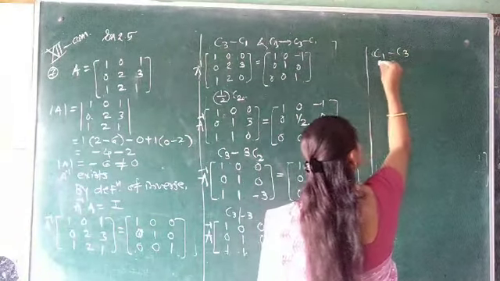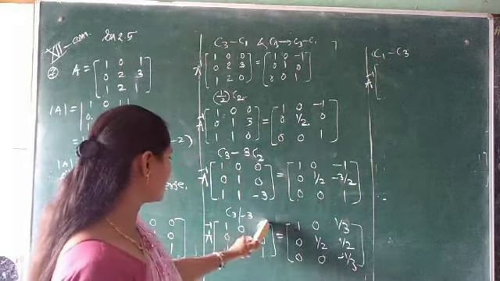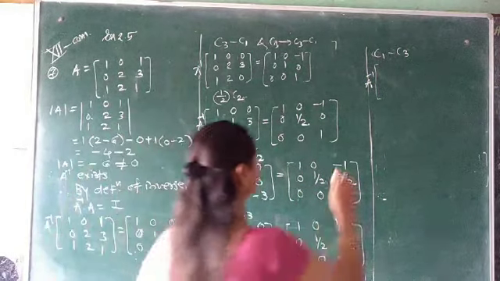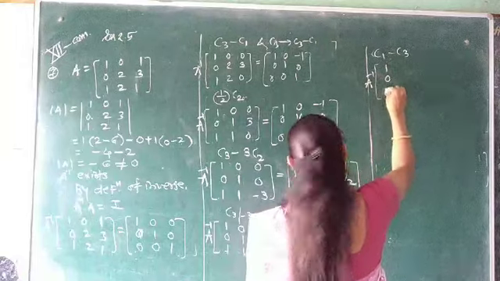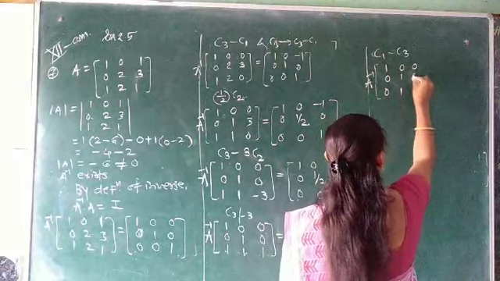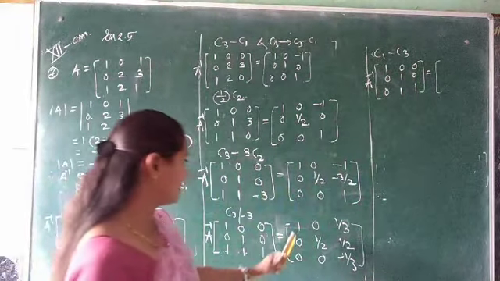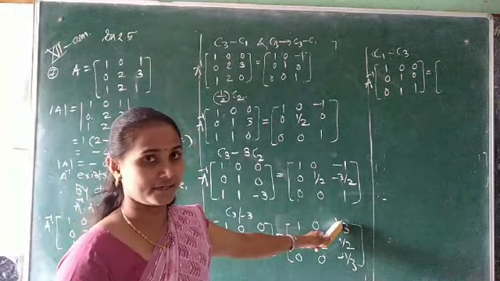C1 minus C3. A inverse: C1 minus C2, 1 minus 0 is 1, 0 minus 0, 1 minus 1 is 0, 1 0 0, right? C2 and C3 as it is: 0 1 1, 0 0 1. C1 minus C3, so 1 minus 1 by 3 is 2 by 3.